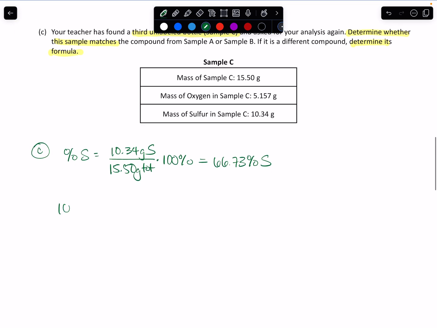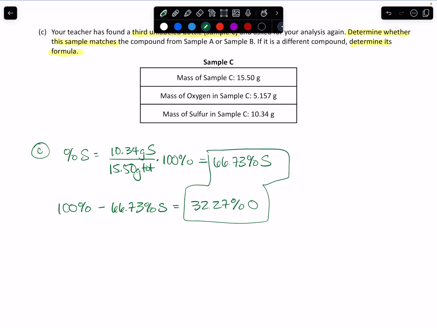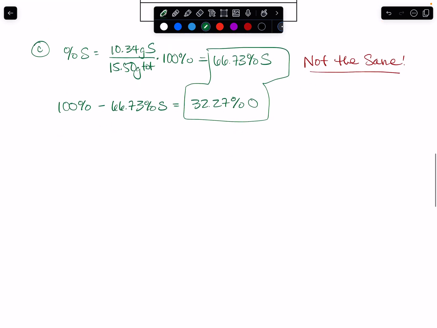Now to check oxygen, I can just say 100% minus that 66.73% sulfur is going to give me that oxygen, which turns out to be 32.27% oxygen. I look at these two values and compare to what I saw with A and B, and they are not the same. I have different mass percentages of sulfur and oxygen, so the compounds cannot be the same.